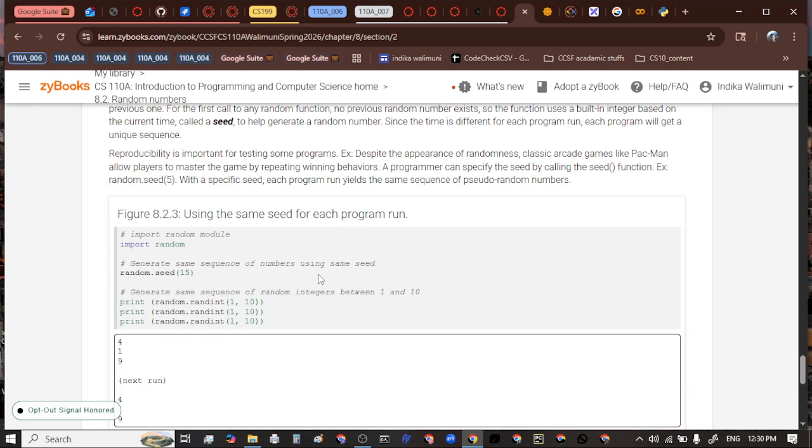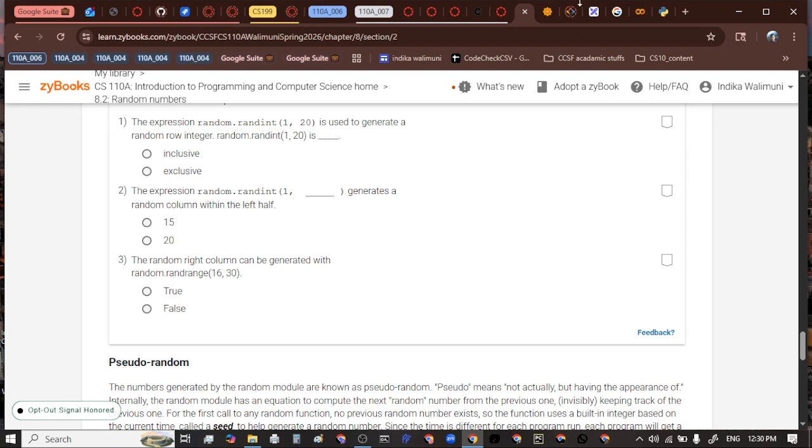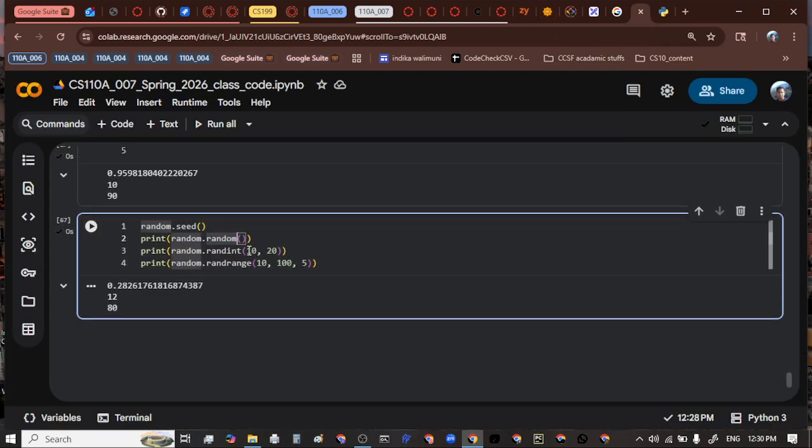Also, let's talk about the uniqueness. Let's take this example. Here's a question. Between 10 and 20, there are 10 possibilities, random, right? 10, 11, 12, all the way up to 20.